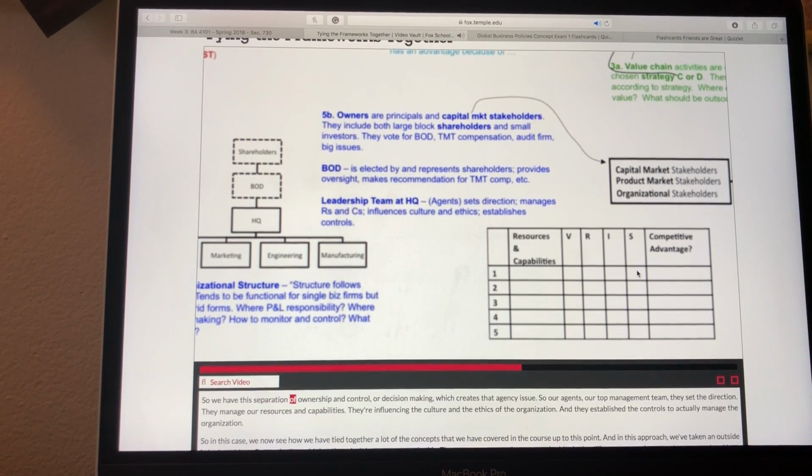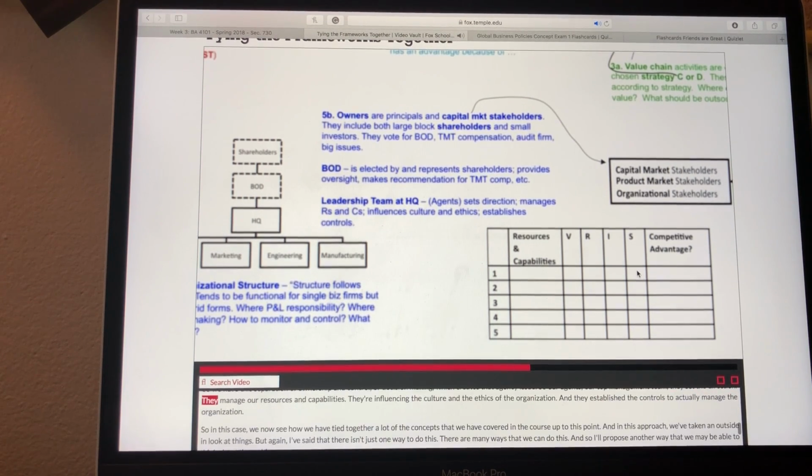So we have this separation of ownership and control or decision making, which creates that agency issue. So our agents, our top management team, set the direction, manage our resources and capabilities, influence the culture and the ethics of the organization, and establish the controls to actually manage the organization.